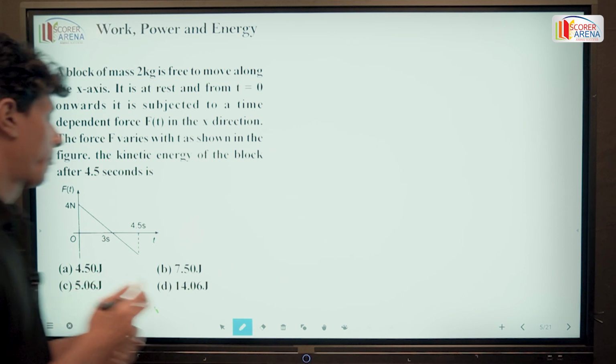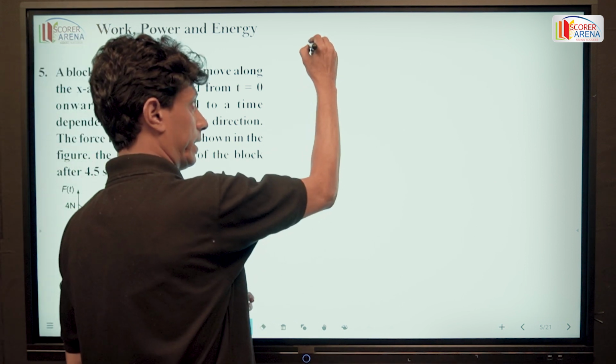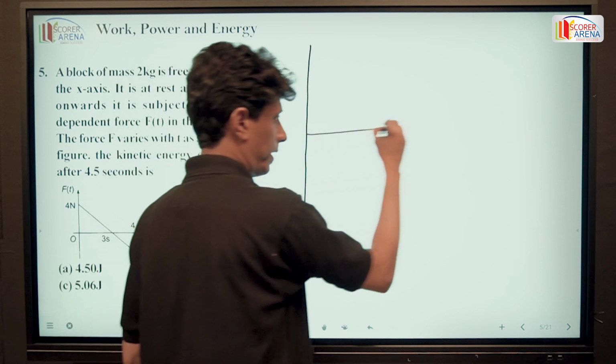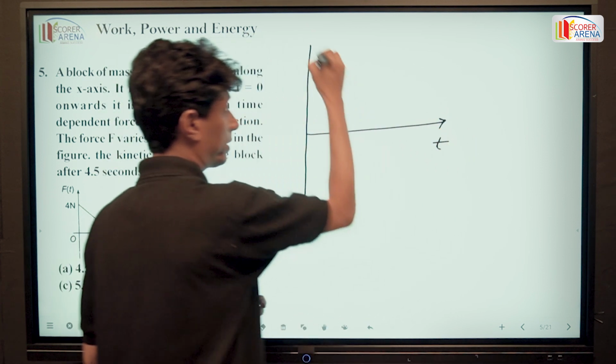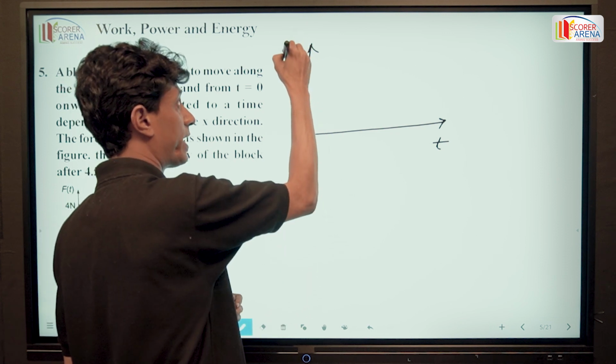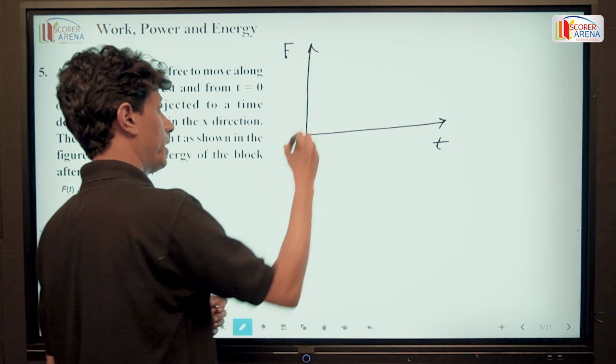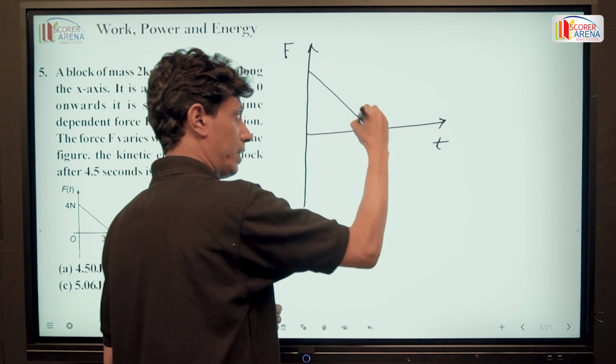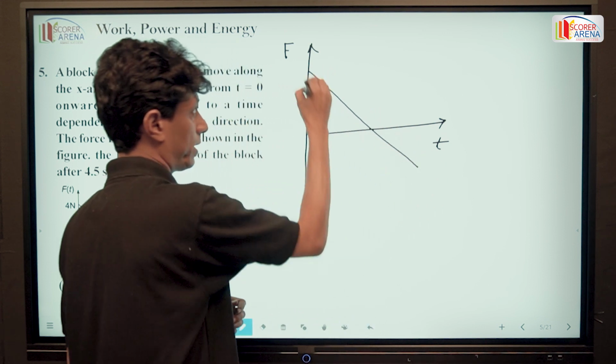So therefore, in the graph, along the x-axis is the time and along the y-axis the force. This is the linear change of force.